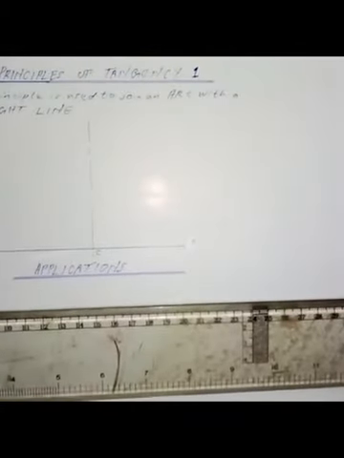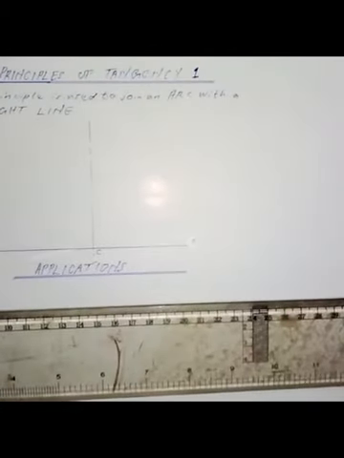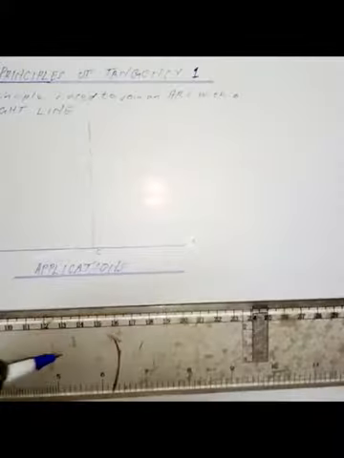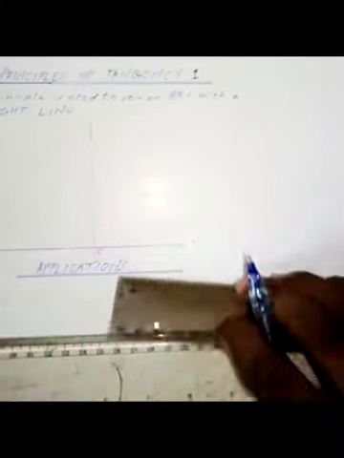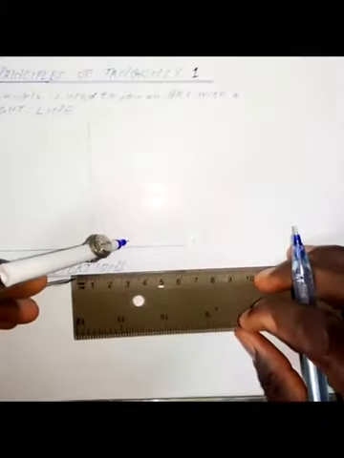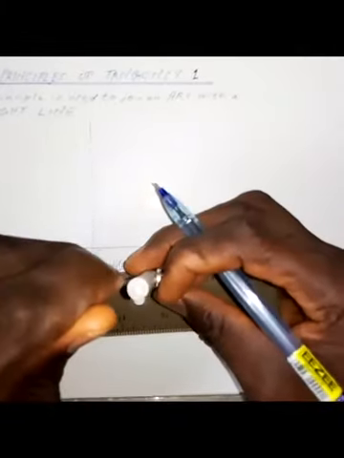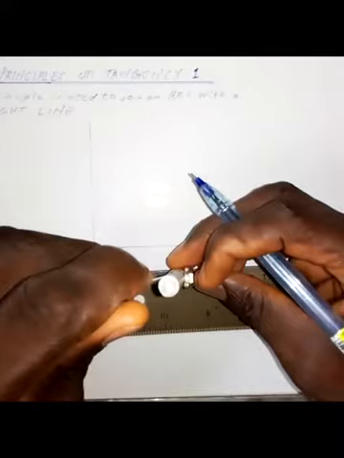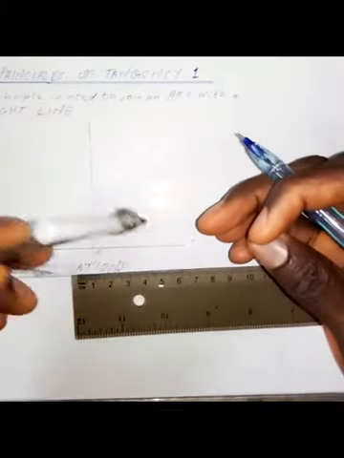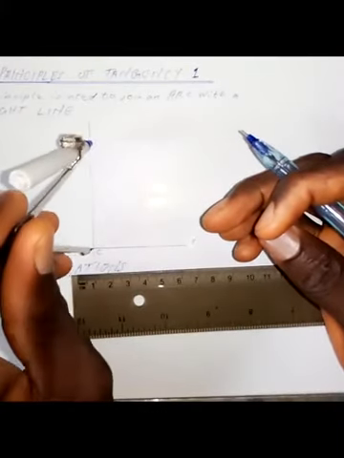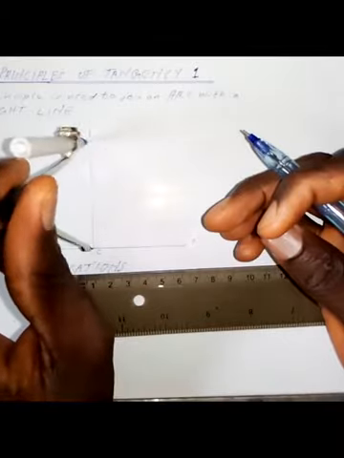Then I will take my compass and measure the radius of the arc. Let's say the radius of the arc is 60 mm. So I measure 60 mm on this ruler. I put it at this point and make a small arc.